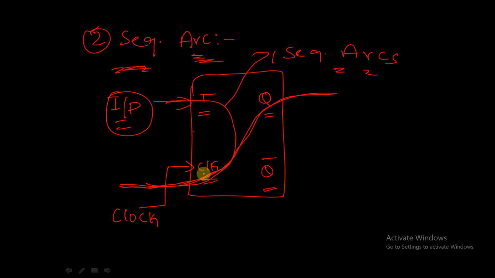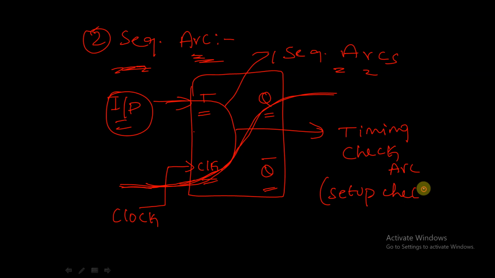Between the clock and input, the path is called a sequential arc, or it is also known as a timing check arc. Here we will check setup time, the setup check, and the hold check.